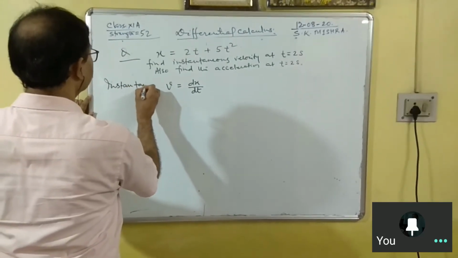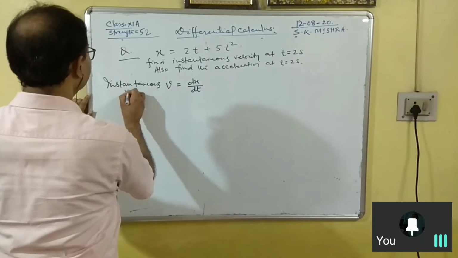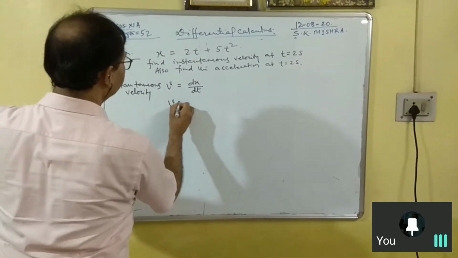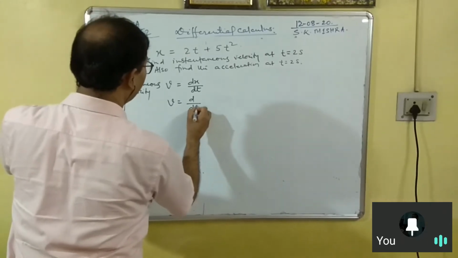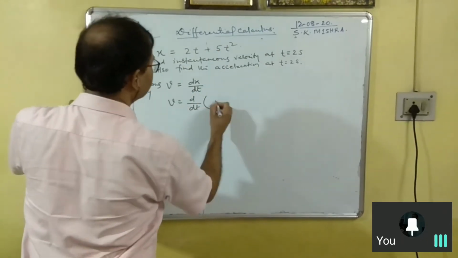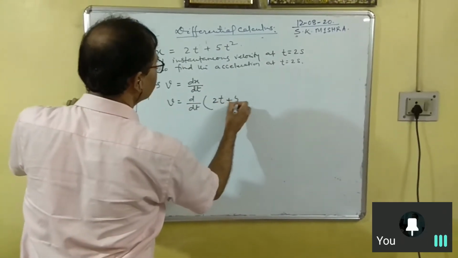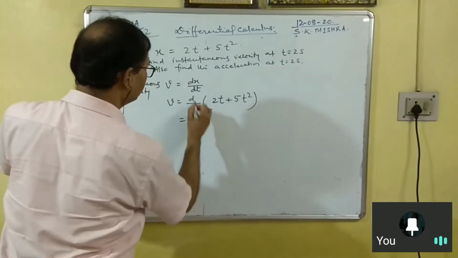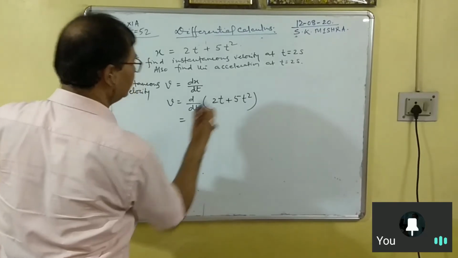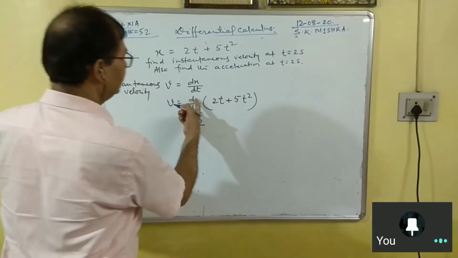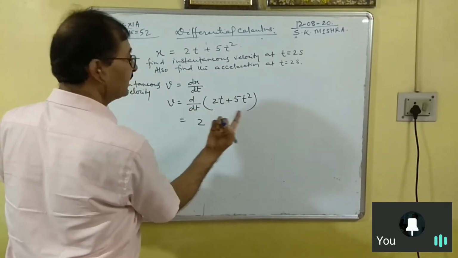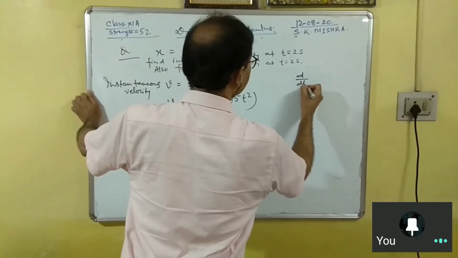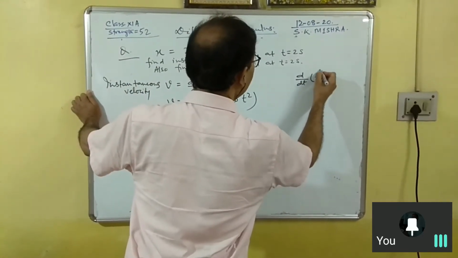Now instantaneous velocity v is equal to d by dt of x. x is 2t plus 5t squared. Just differentiate it. Differentiation gives you 2, then differentiation of t is how much? dt by dt is 1. Or you can see d by dt of t only, so what is the power? 1.